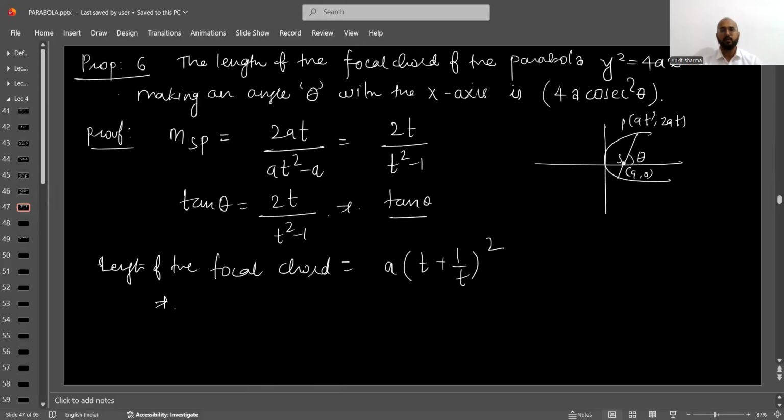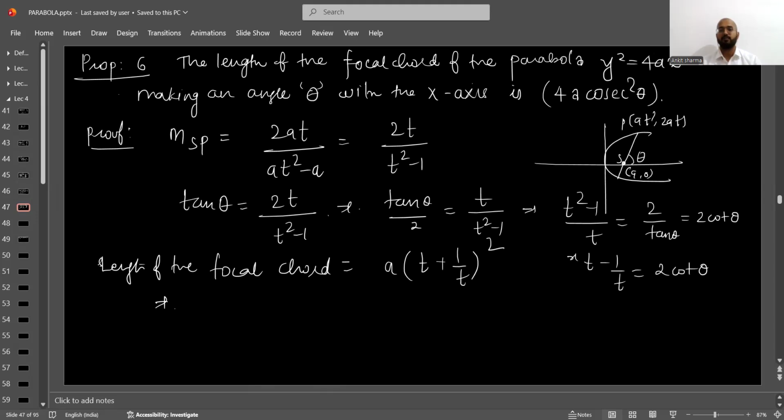Tan theta over 2 is equal to t over t² minus 1. Since I want t minus 1 over t, I'll take the reciprocal: t² minus 1 over t is equal to 2 by tan theta, which is nothing but 2 cot theta. This can be written as t minus 1 over t. So t minus 1 over t is equal to 2 cot theta.